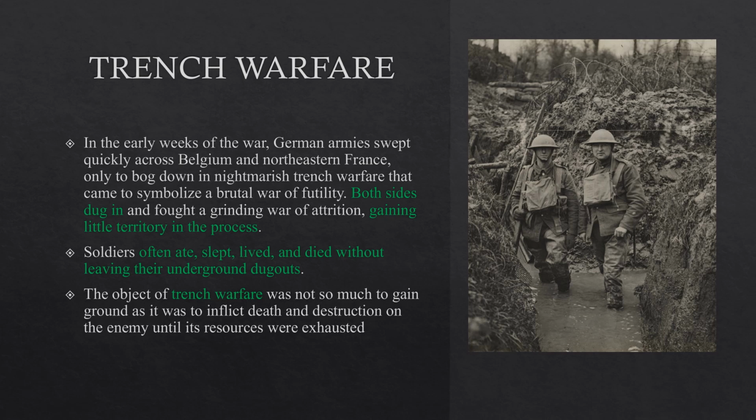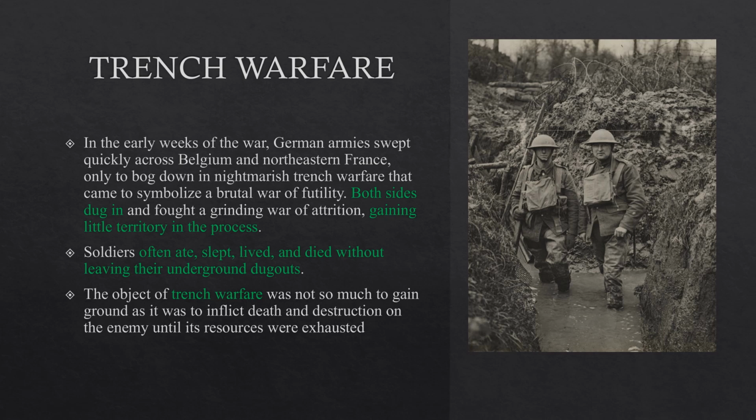During 1914 through 1915, the two competing groups built a network of zigzagging trenches from the coast of Belgium, some 460 miles across northeastern France to the border of Switzerland.